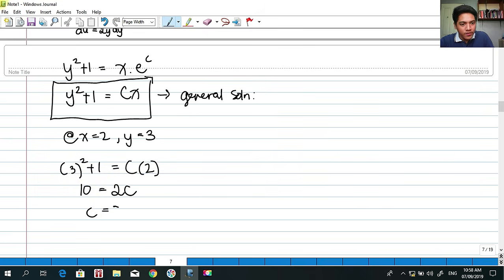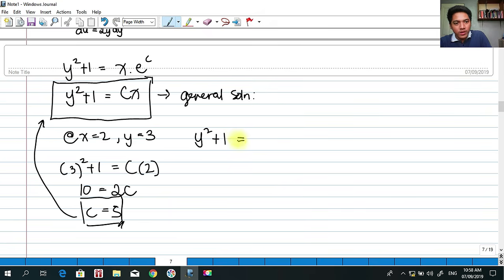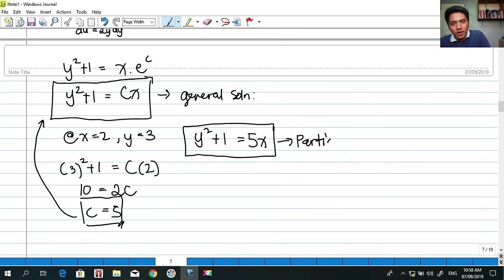So c is therefore 5. So again, to get the particular solution, simply substitute the value of c in our general solution. So we have y squared plus 1 is equal now to 5x. So this should be our particular solution.